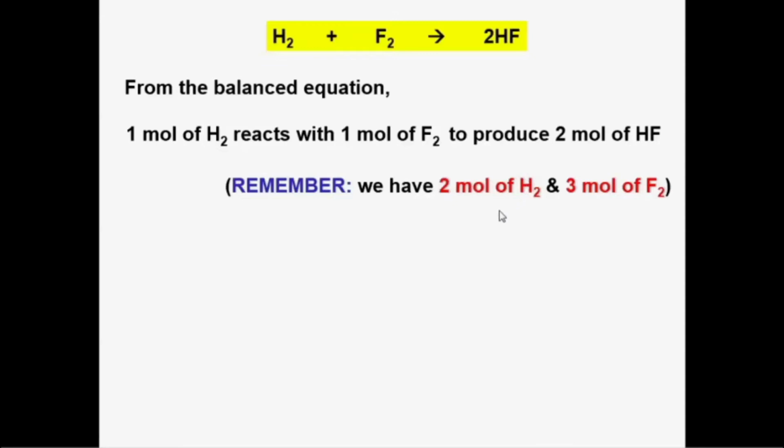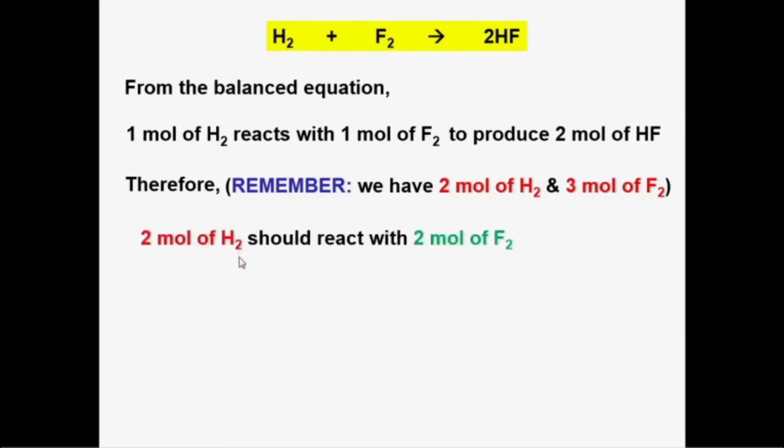If we have 2 moles of hydrogen, remember that 1 mole of hydrogen should react with 1 mole of fluorine. In this case, we have 2 moles of hydrogen, so 2 moles of hydrogen should react with 2 moles of fluorine. Got it?